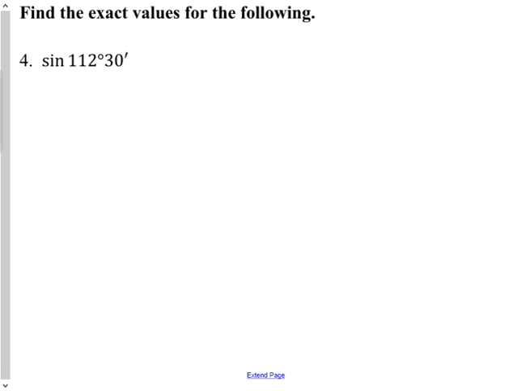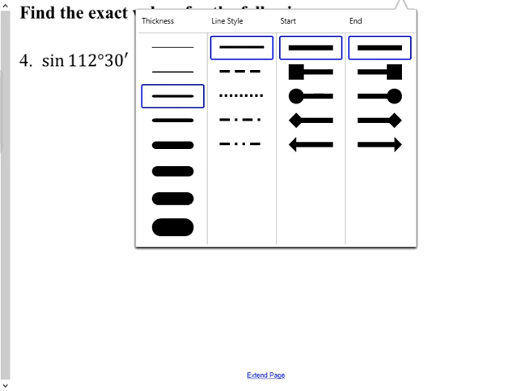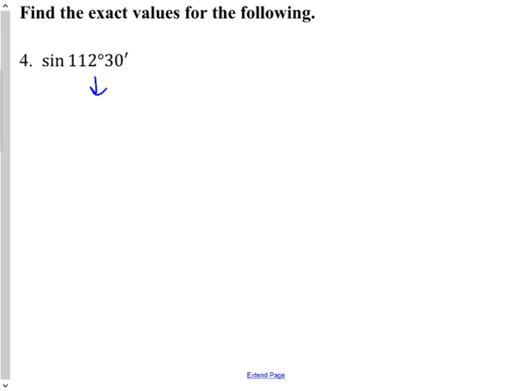Find the exact value for sine of 112 degrees, 30 minutes. And this is not a nice number. This actually is 112.5, which is half of 225 degrees, which if you recognize your angles, 180 plus 45 is 225.